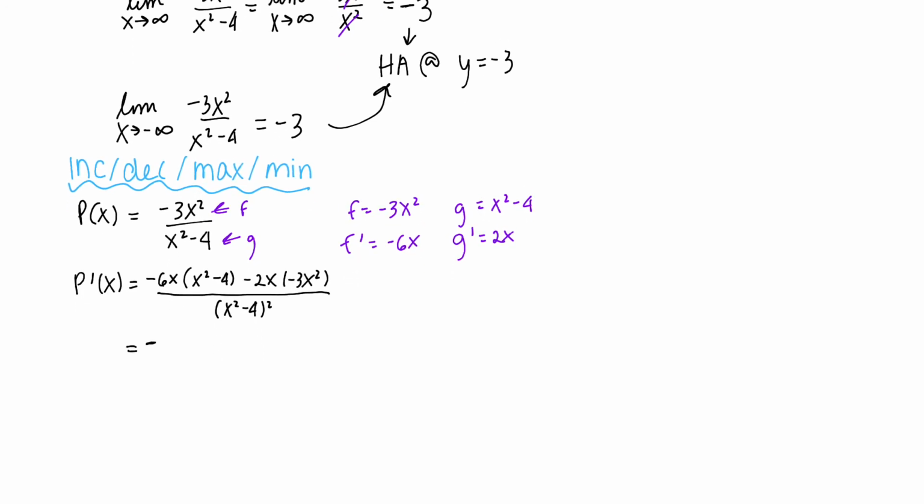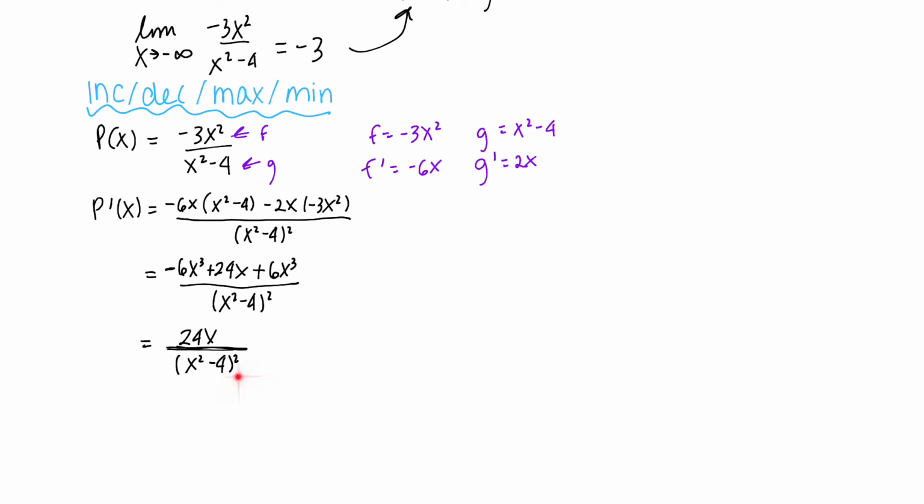Simplifying this, we have negative 6x cubed plus 24x plus 6x cubed all over x squared minus 4 squared. Those 6x cubes are going to cancel, and you get 24x over x squared minus 4 squared.